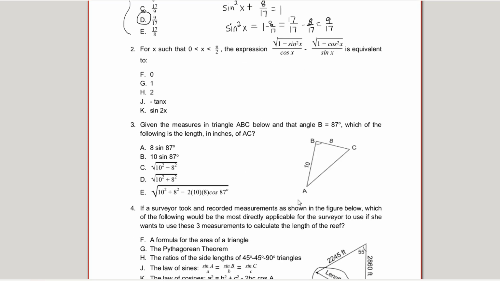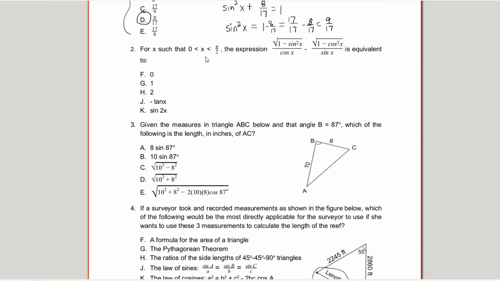Taking a look at number 2, it says for x such that 0 is less than x is less than pi over 2, the expression square root of 1 minus sine squared x over cosine x minus the square root of 1 minus cosine squared x over sine x is equivalent to, and then we have these different answer choices.